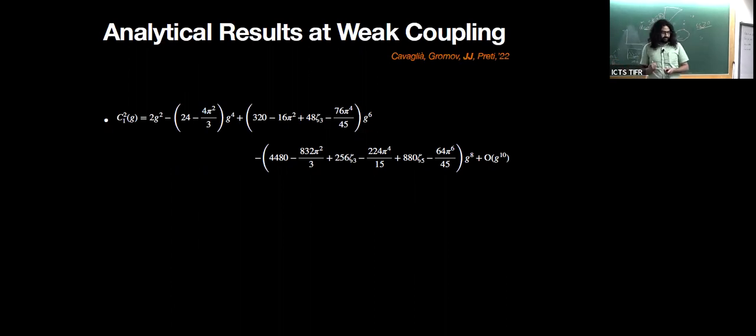Then you plug that into the crossing equation, inject spectral information, and expand your integral relations at weak coupling as well. Then you solve for the coefficients of the HPLs. You get some equations with constraints and you solve for them. Going beyond G to the 8, so G to the 10, we don't have as many constraints as coefficients, so we can't go much further. That's another reason to study multi-correlators; if you study more correlators, it's probably possible. Also for the full 4-point function at 3 loops, we can't do it for the same reason.